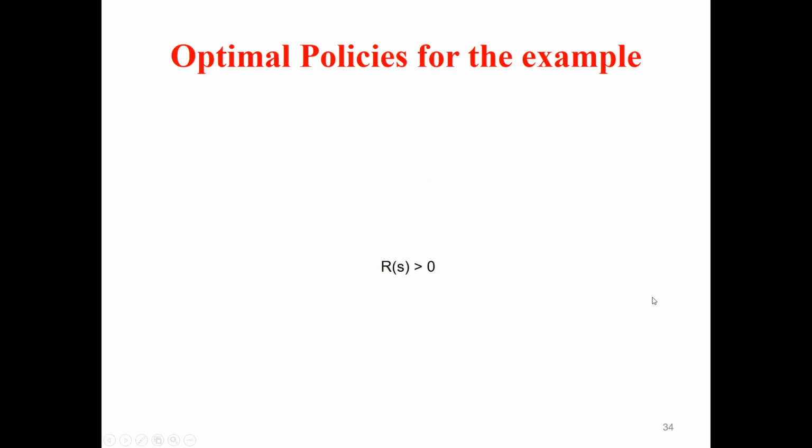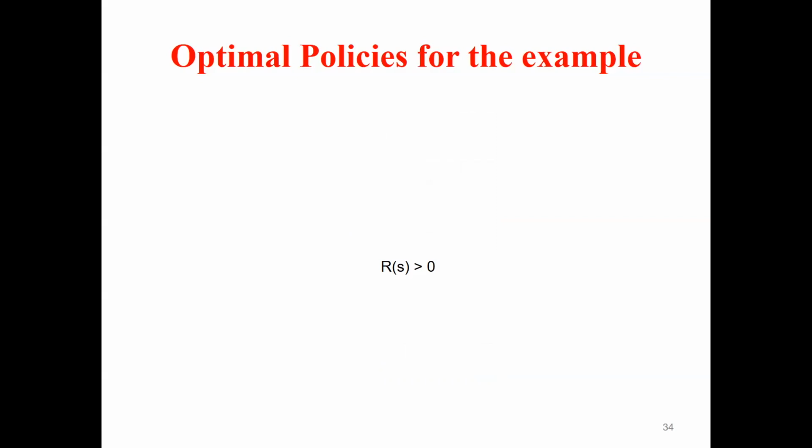Now the final case, rewards are positive. This is an interesting one. What do you say? What will happen in this case? Just think for a while. Okay. Now, what is happening?